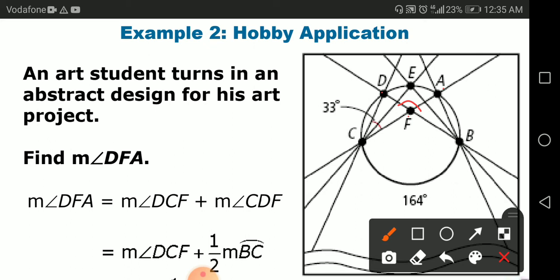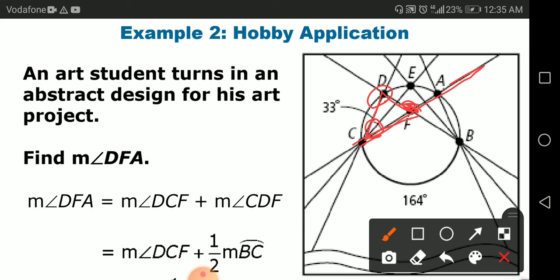Can you see this triangle? And I have here an extended side. So remember, this is an external angle. We took this in quarter 2. External angle equals the sum of the two remote angles. Remember this? Of course.